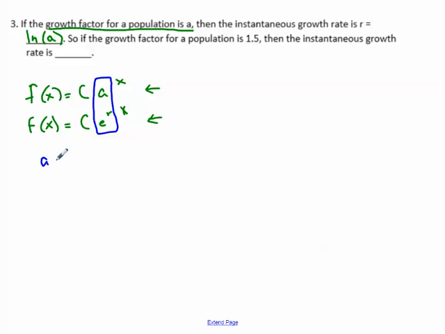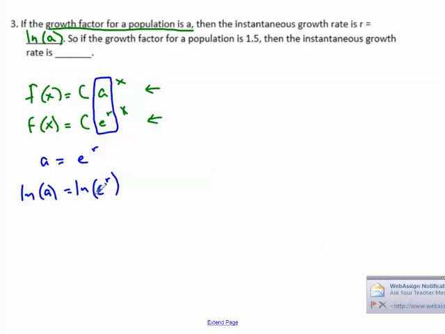So if a equals e to the rth power, we can take the natural log of each side of that equation. Following the rules of exponents, we can take that r down to the front. Ln of a stays the same.